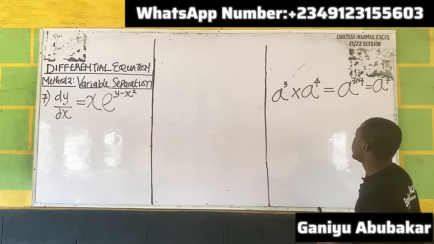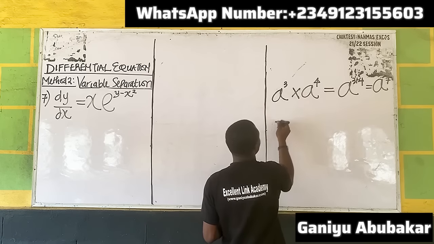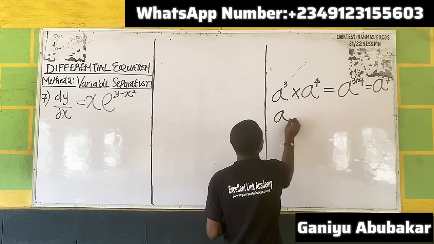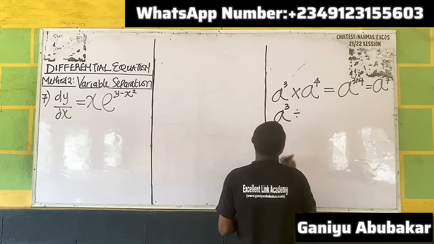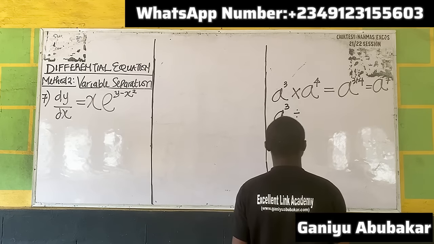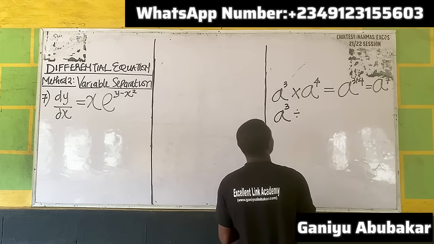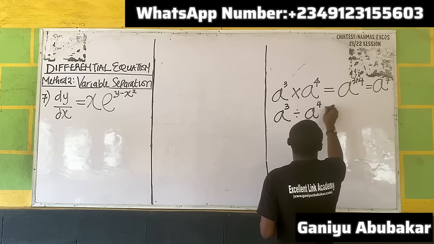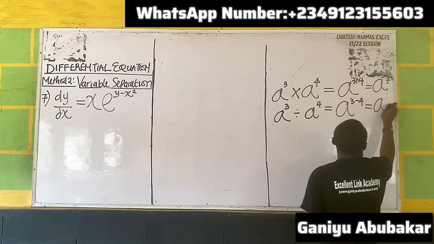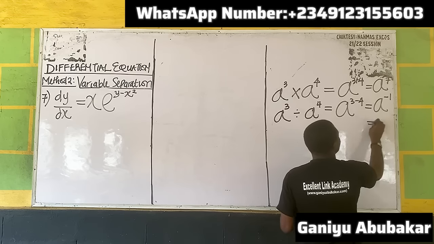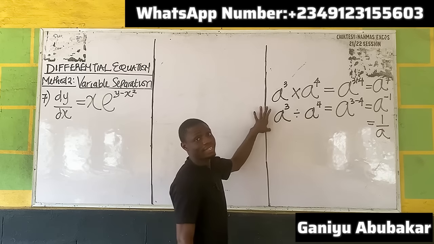Similarly, if I have a to the power of 3 divided by a to the power of 4, this means a to the power of 3 minus 4, which gives you a to the power of minus 1, which can still be expressed as 1 over a.